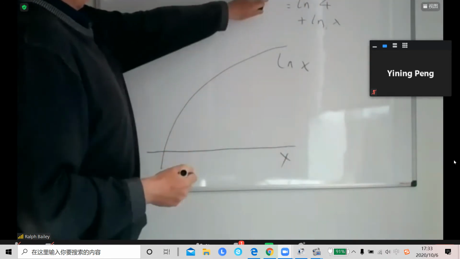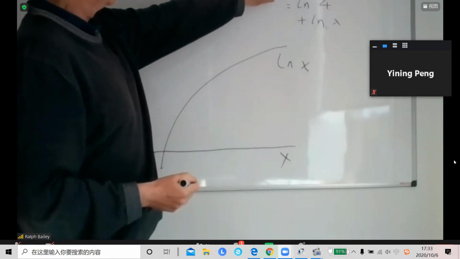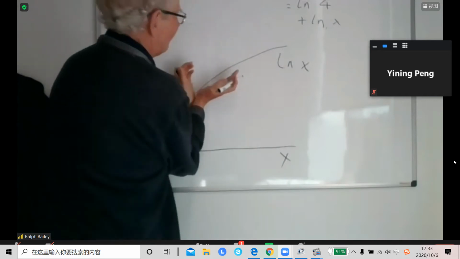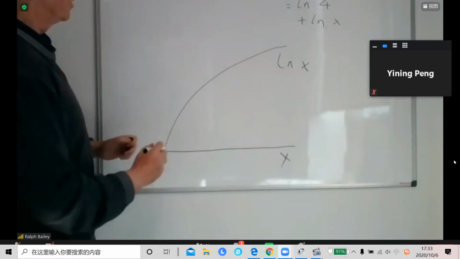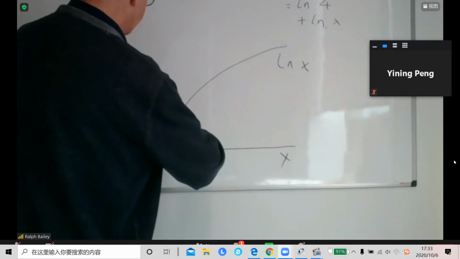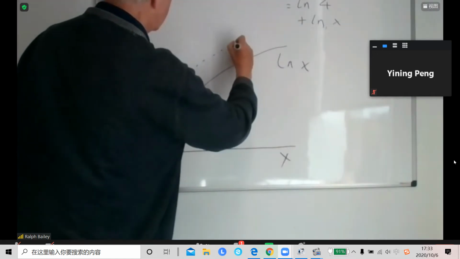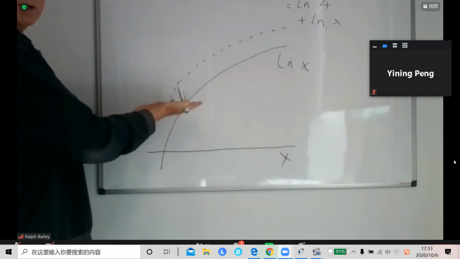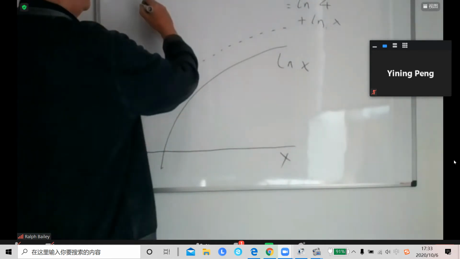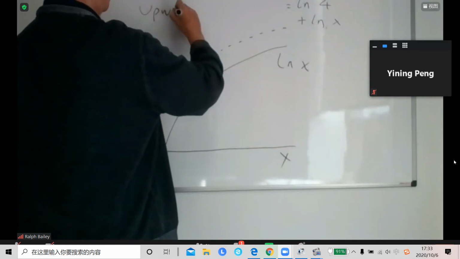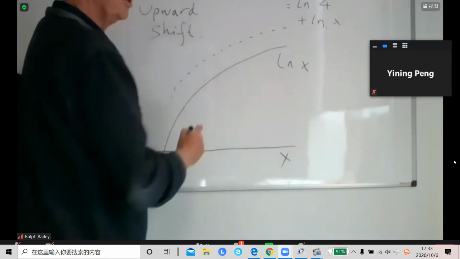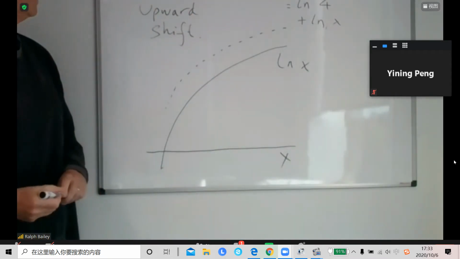So all that taking log of 4x does, as opposed to log x, is simply to raise that function a bit so it looks like this. It's simply an upward shift. There's no change of shape or anything.